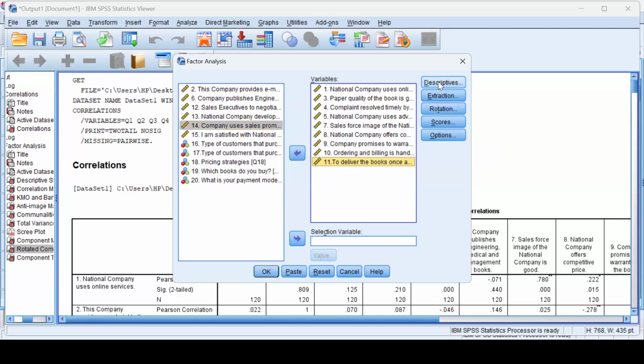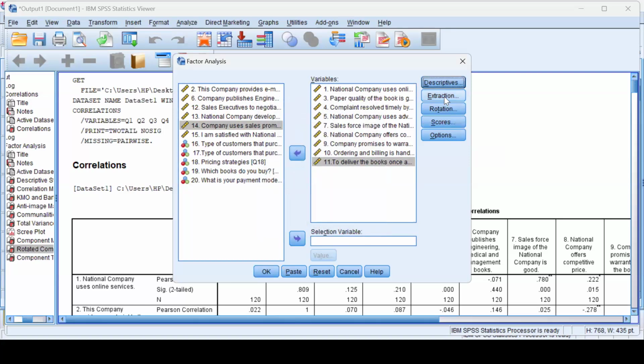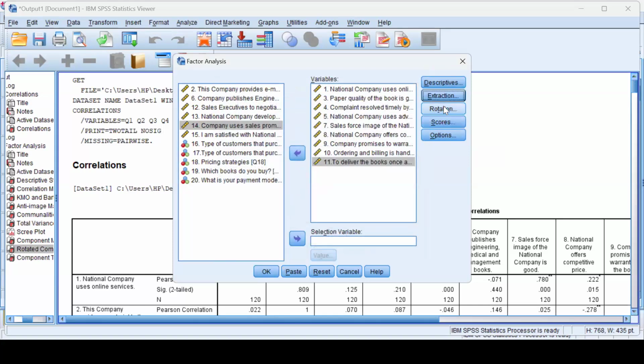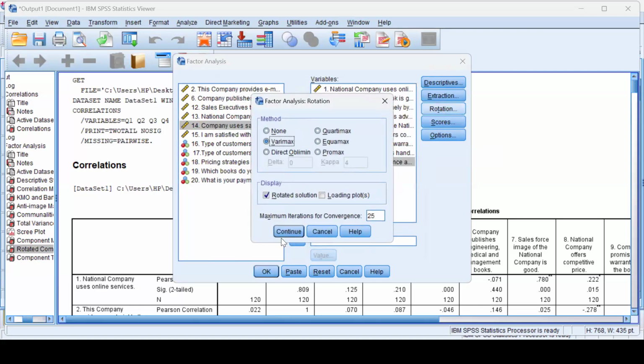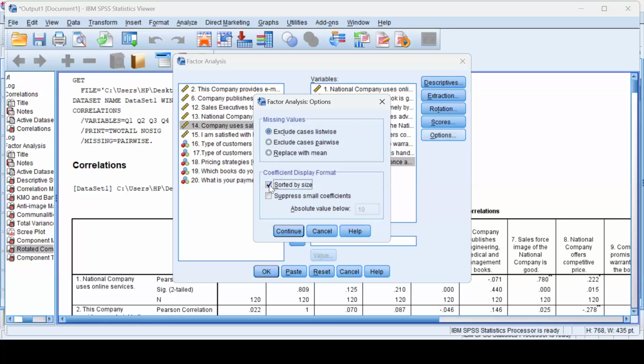And then OK, नहीं OK नहीं करना अभी, descriptive, then by default univariate, initial solution, coefficient, KMO and anti image, and then continue. Second extraction, by default it is scree plot, and then eigenvalue greater than 1, continue, then rotation, varimax. जो change करना है हमें यहाँ, options, sorted by size and suppress small coefficient, and small coefficient that is I have fixed here 0.5.